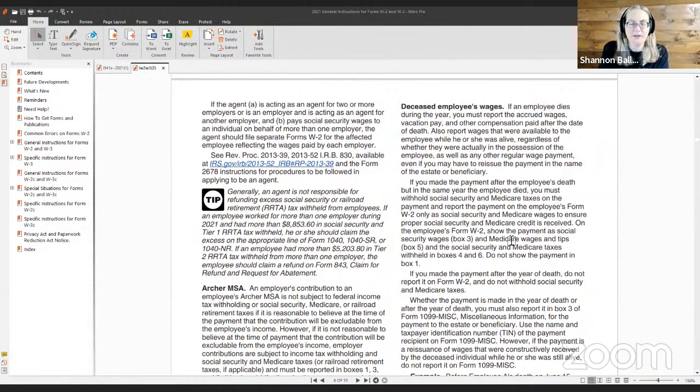If an employee had more than $5,203.80 in Tier 2 RRTA tax withheld from more than one employer, the employee should claim a refund on Form 843, Claim for Refund and Request for Abatement.